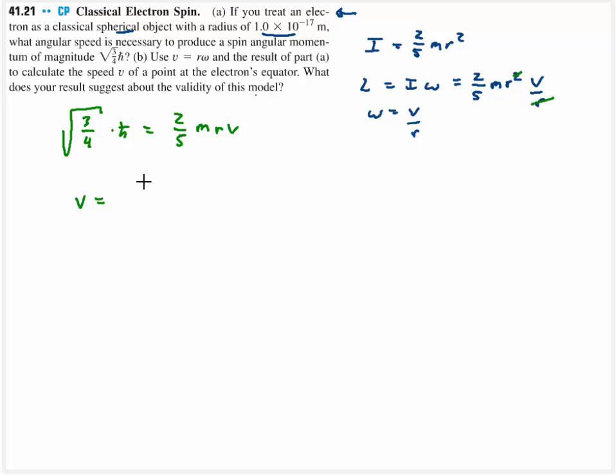So v is going to be equal to 5/2 multiplied by the square root of 3/4, h bar divided by m times r. Plug all that into your calculator. That's the mass of an electron, that's the radius given above, and we get 2.5 times 10 to the 13th meters per second, and that is much, much, much larger than the speed of light, so this is actually not a very good model.